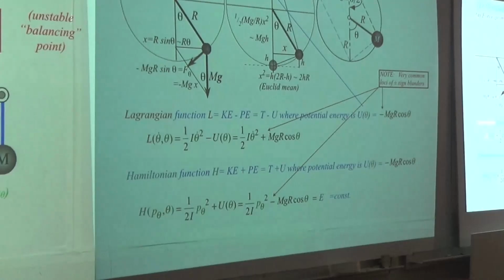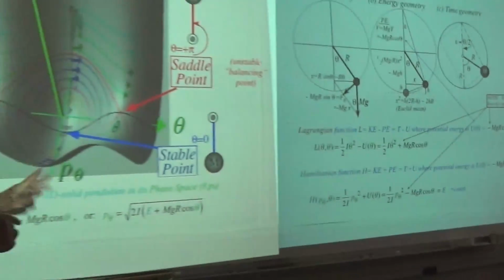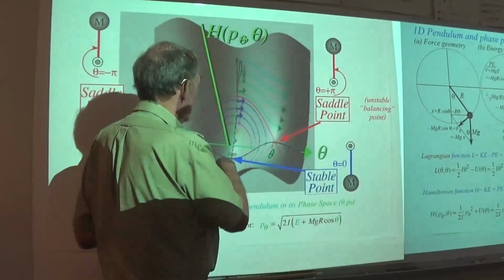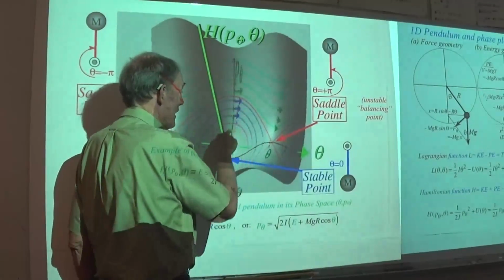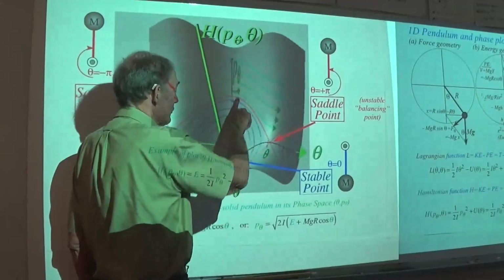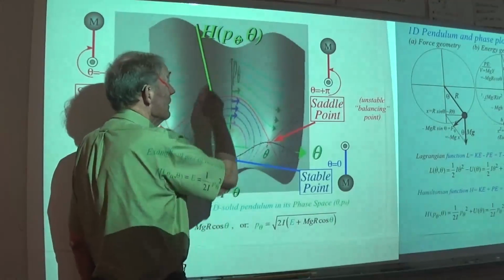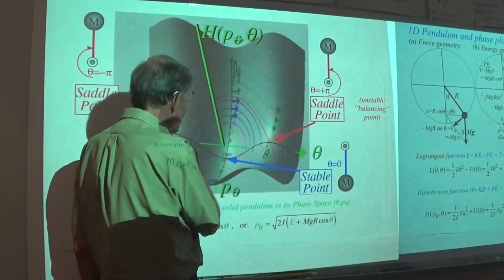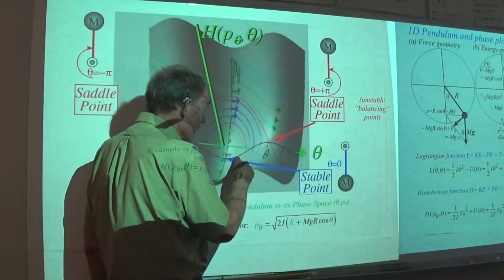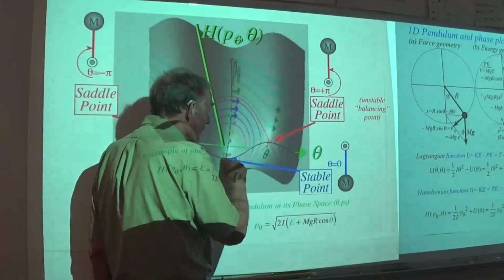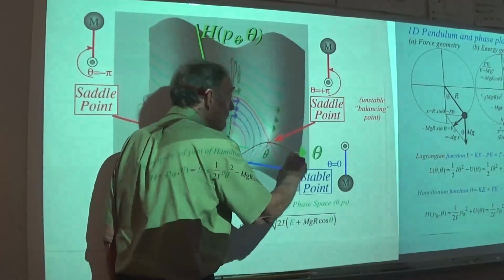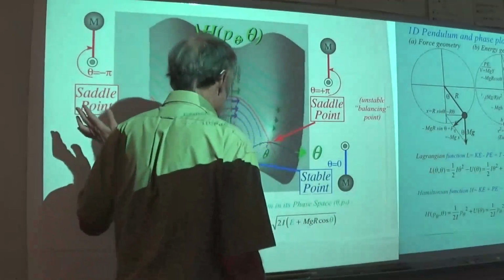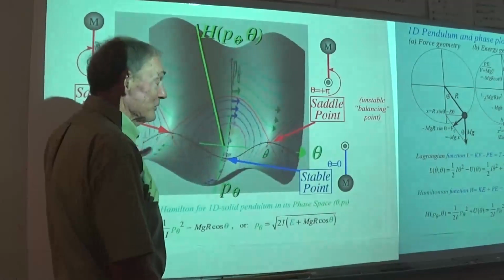This is a case where you simply plot the Hamiltonian H of p and phi, or theta, I'm using theta now, okay? That's in this direction, and then the cosine of theta with a minus sign is in this direction. There's a bottom of the minus cosine right there, going to the top right there, and then back down again, and forever and ever, all the way down to Fort Smith, and up to Bentonville, we've got this cosine curve, right?